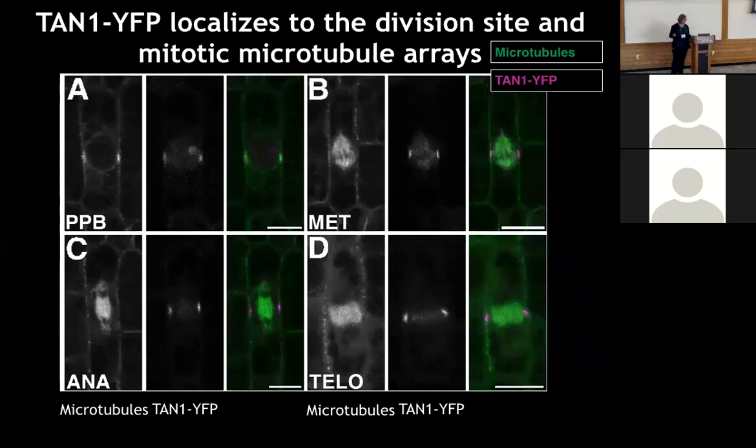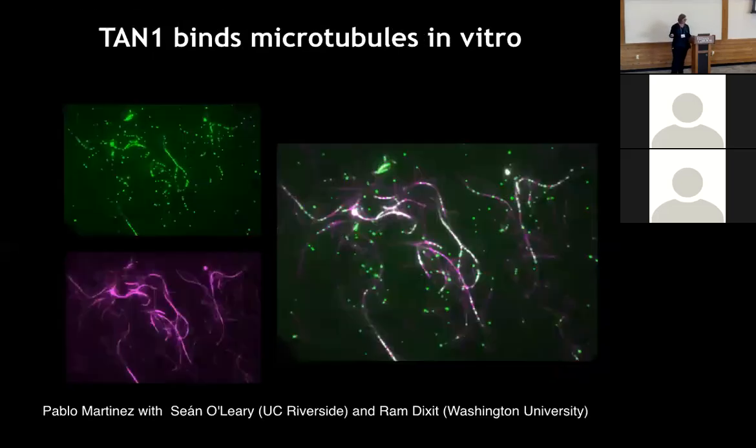Okay, so what we did is we knew that tangled was a microtubule binding protein, but the way that it was shown was kind of non-canonical. So we in vitro labeled, and I'm not showing you all the quantification, but you'll see it soon, hopefully, microtubules here.